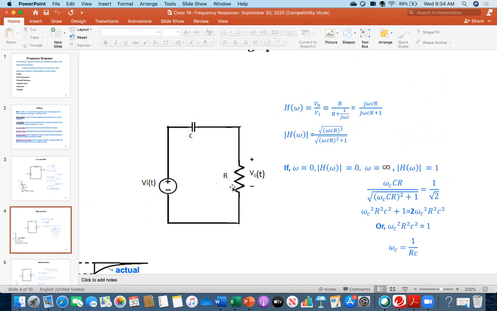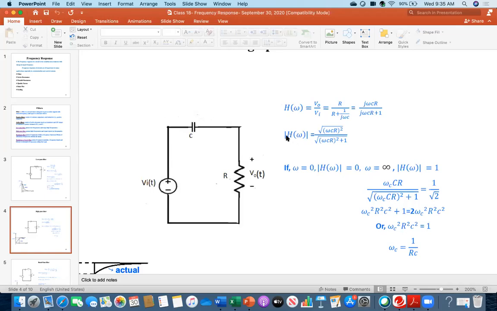Because you have to take the output across R, that's why here it is R. Vi is over this impedance, R plus 1 over j omega C, multiplied by R. So in the first line I have written Vi, and then I am simplifying. It was R in the numerator, but this j omega C is going there, so the numerator becomes j omega C R over R plus j omega C R.